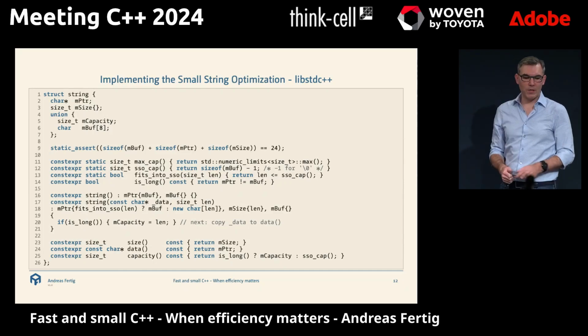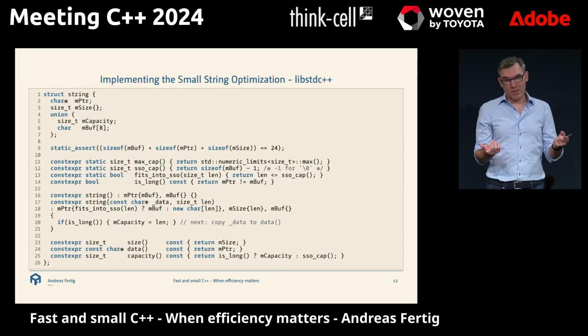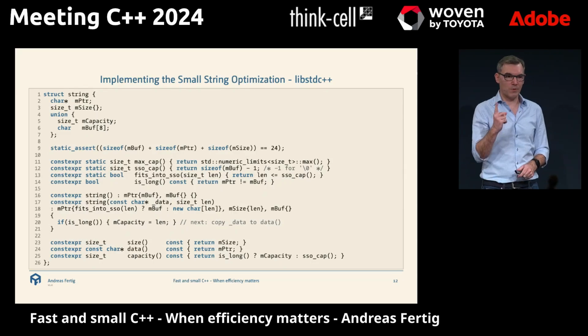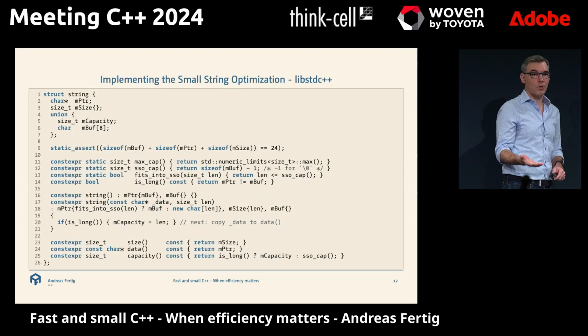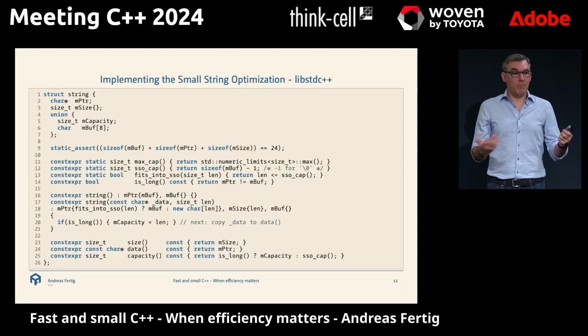SSO cap here is the size of mBuff minus 1, because we are backwards compatible to C, and while my string knows how many characters are stored in there, we have this c_str function, and that has to be null terminated. So from this entire SSO buffer, we have to subtract 1 character for the null terminator, because every string here must be null terminated. That means 7 bytes of payload in this implementation.